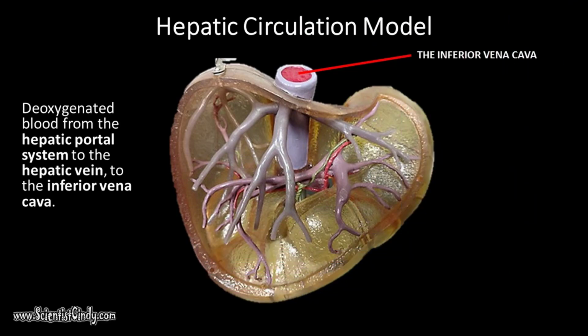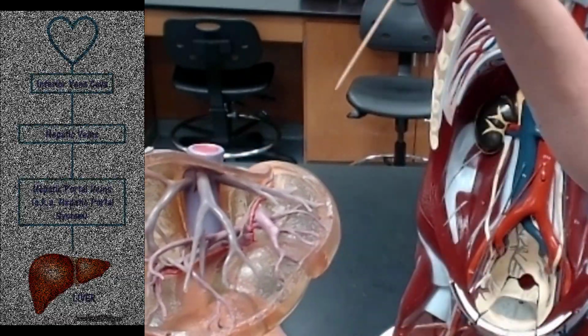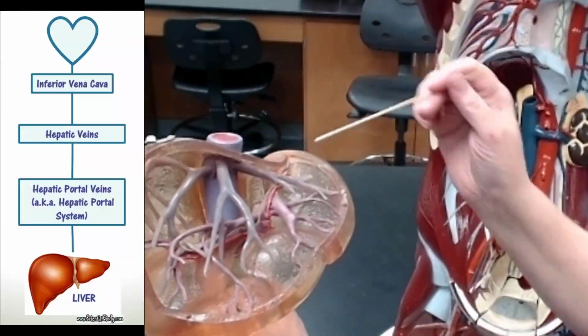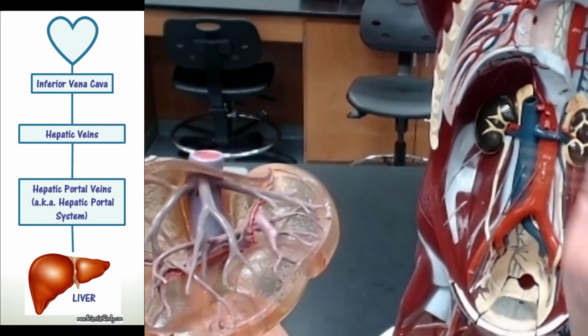All right, so the pathway to and from is really direct. The deoxygenated blood from the liver is just going to simply go from the hepatic veins to the inferior vena cava and then straight to the heart.